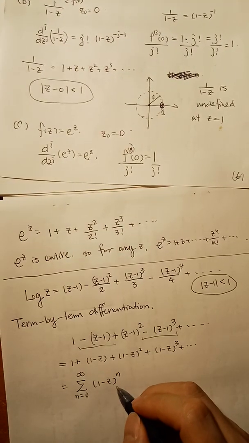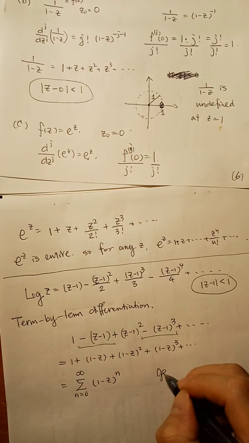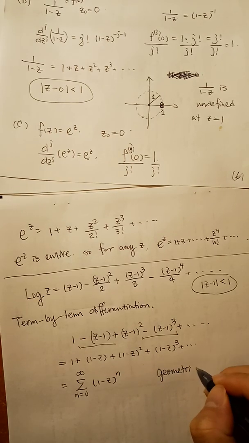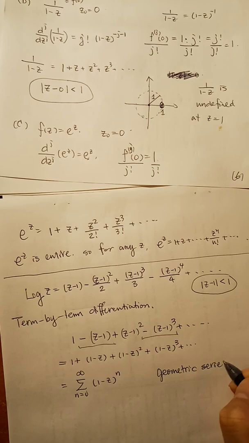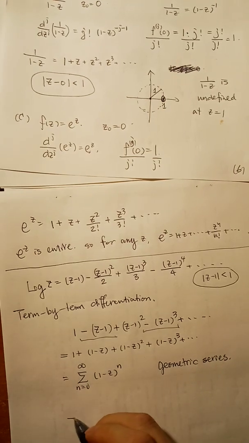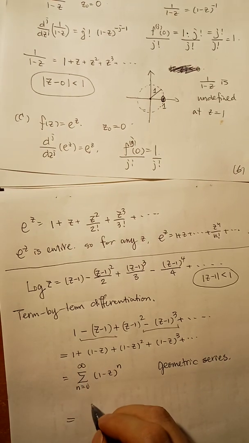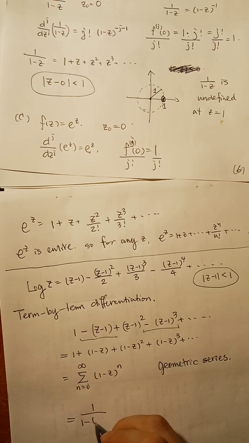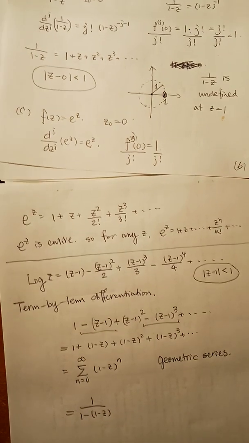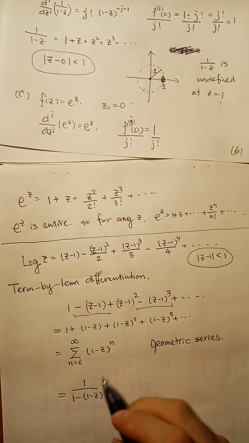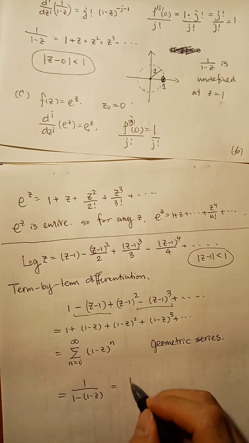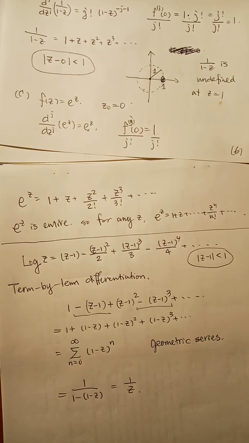So by the geometric series, it starts from 1, so it's 1 over 1 minus the common ratio. This is 1 over z.